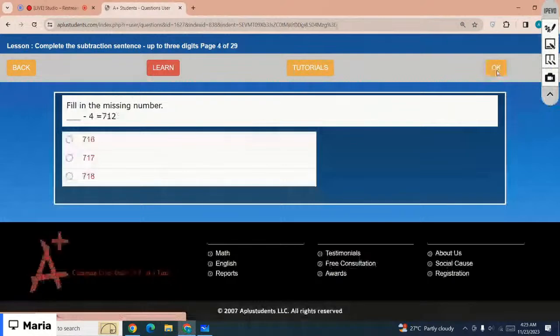Okay, the next one is fill in the missing number. The missing number minus 4 equals 712. So which number is missing?